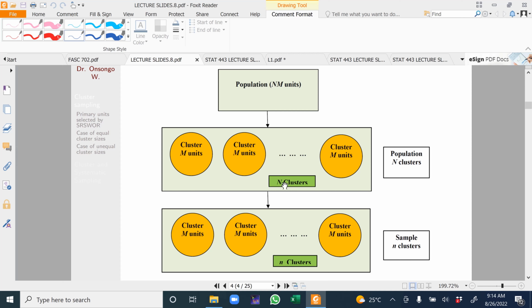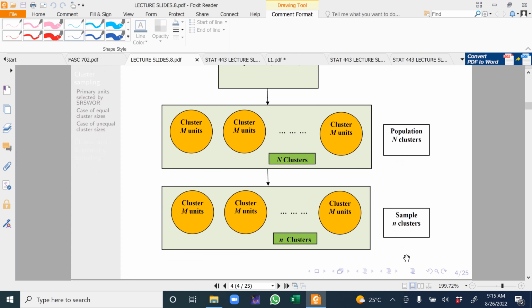Now, this population of n clusters is what is going to be your sampling units. From these sampling units, you now randomly identify clusters that you are going to use in your survey.